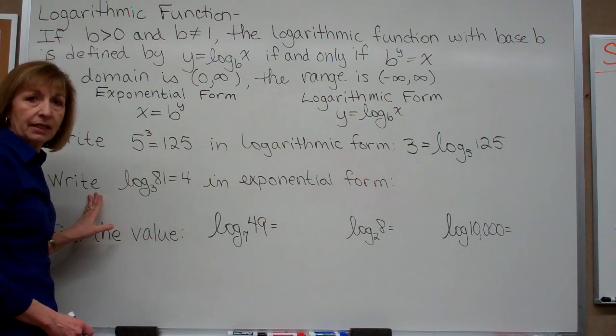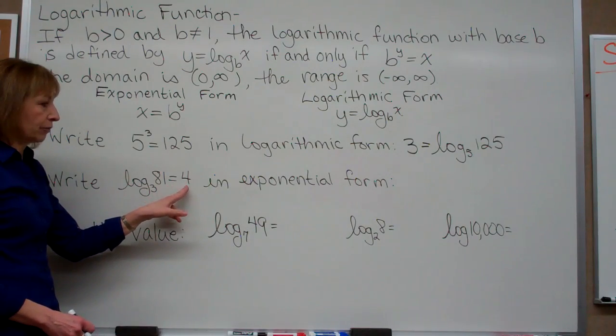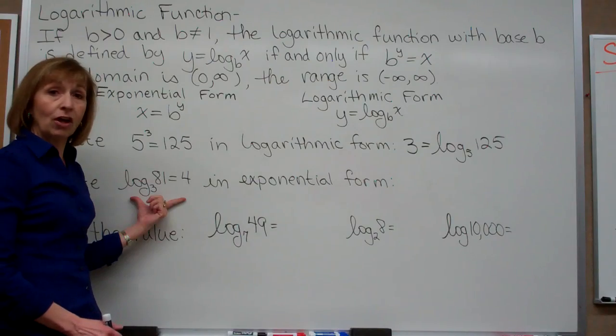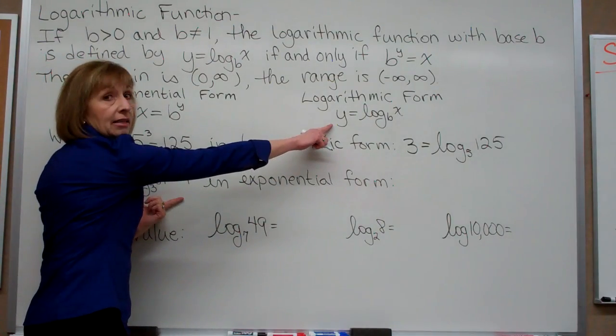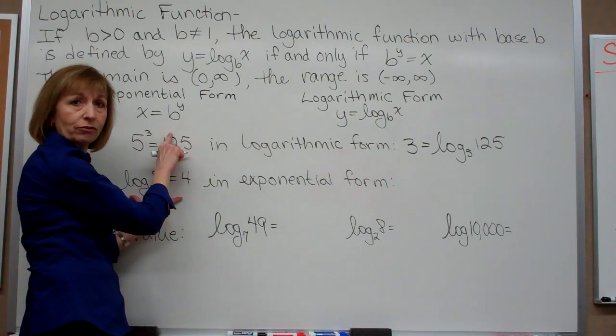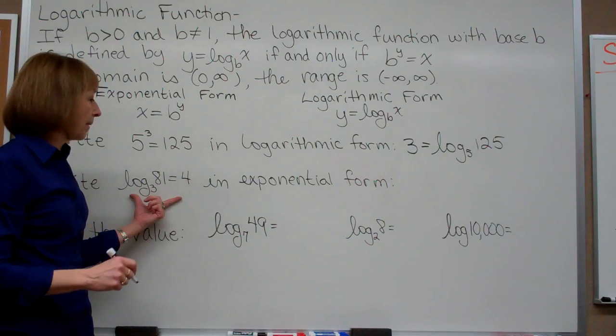How about the next one? Write log base 3 of 81 is equal to 4 in exponential form. So this one I have in logarithmic form, and I want to write it back into exponential form. Practicing this with true statements helps you get a little bit better at it.